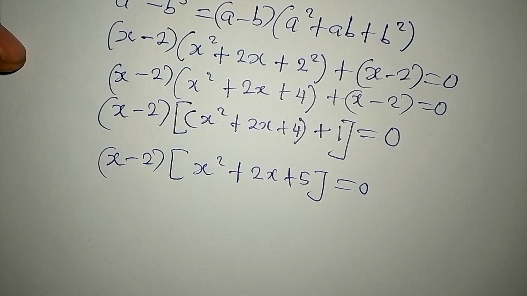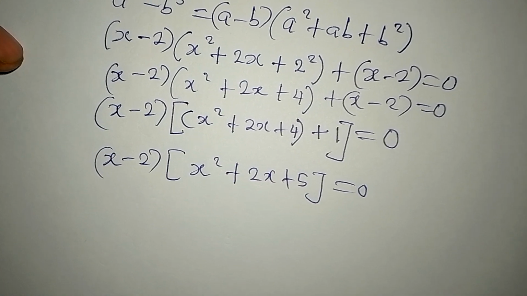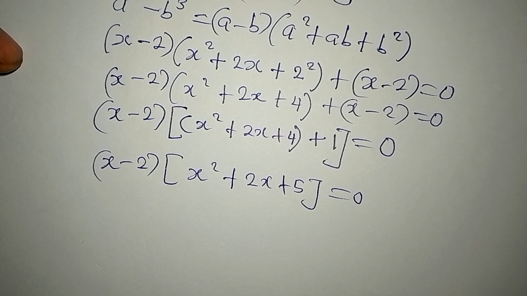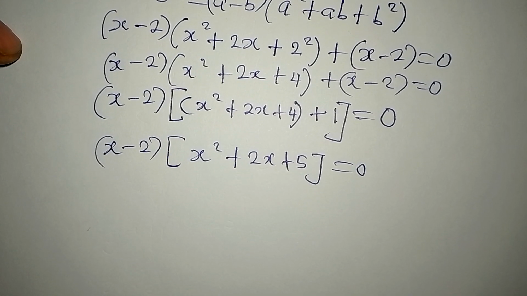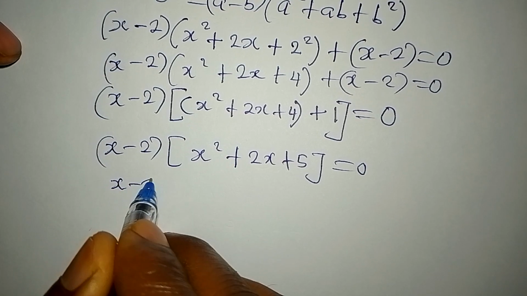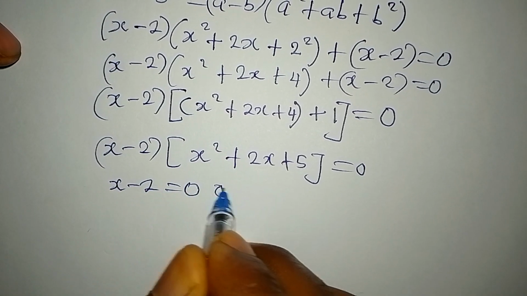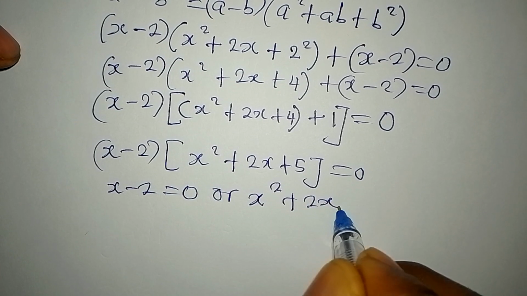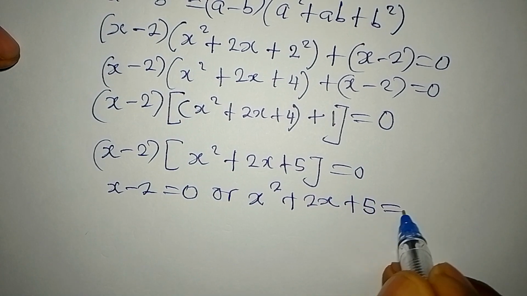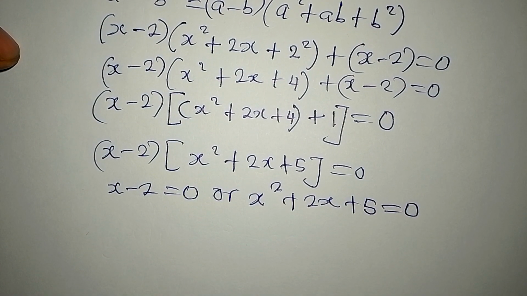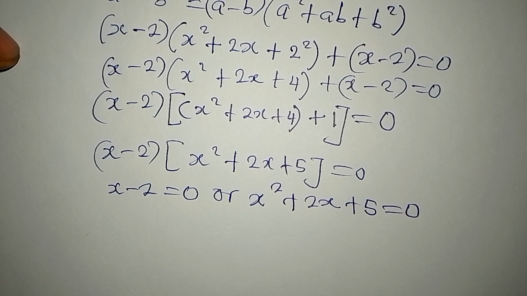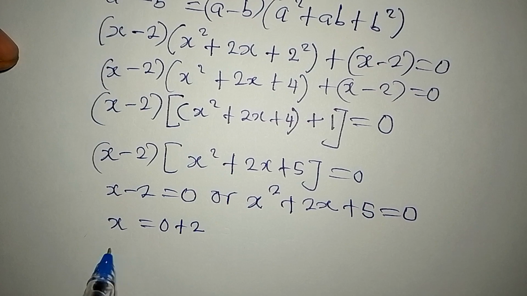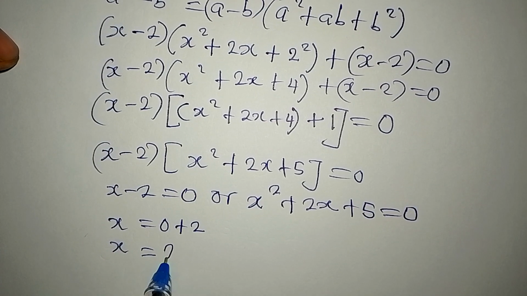Now we are going to solve this by equating either of the two factors to 0. So we're going to have x minus 2 to be equal to 0, or x squared plus 2x plus 5 equals 0. Okay, so what do we do? From here, x will be equal to 0 plus 2, and our x is equal to 2.